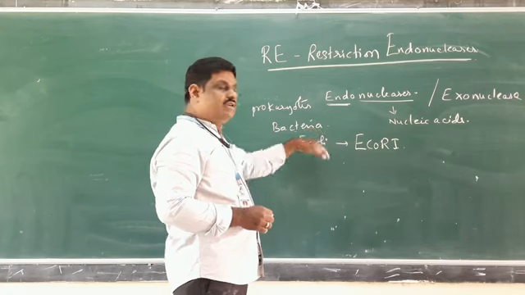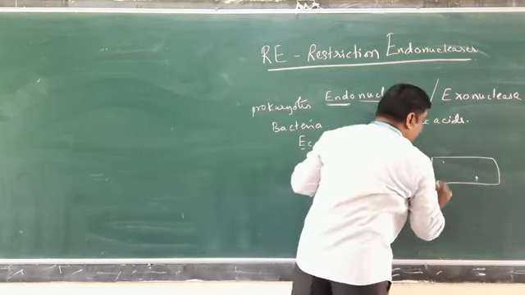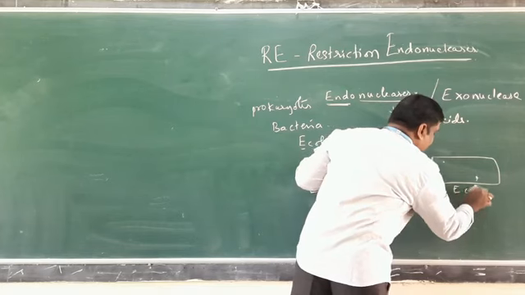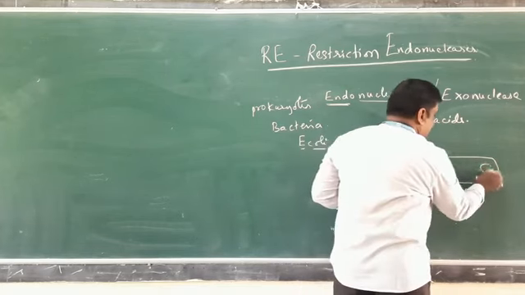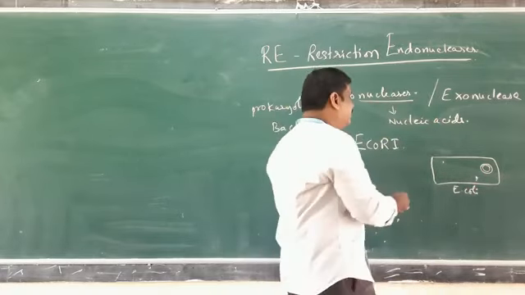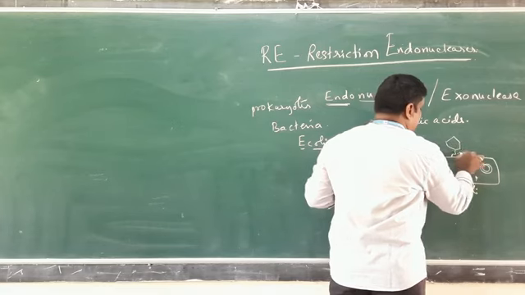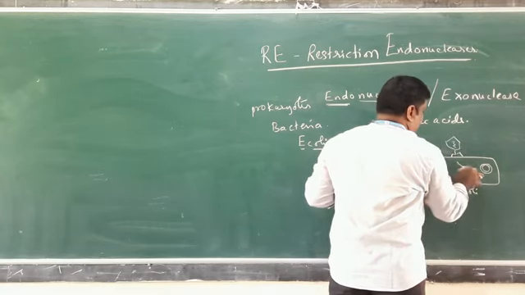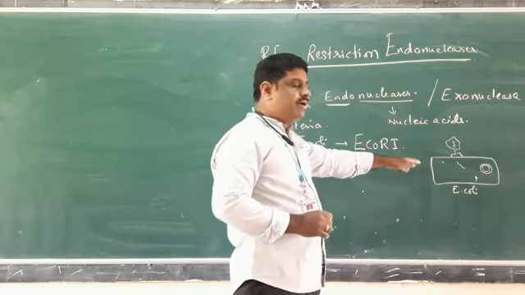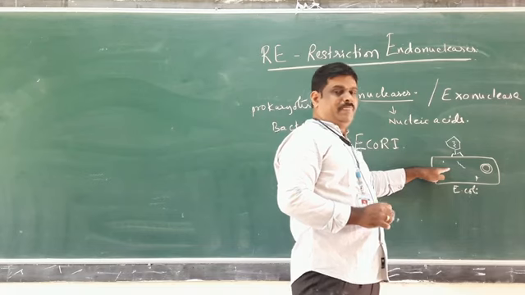What is the function of restriction endonuclease in bacteria? Suppose you take a bacterium, E. coli. Any foreign particle or foreign DNA, like a bacteriophage, attacks the bacteria. Bacteriophages are viruses which live on bacteria.